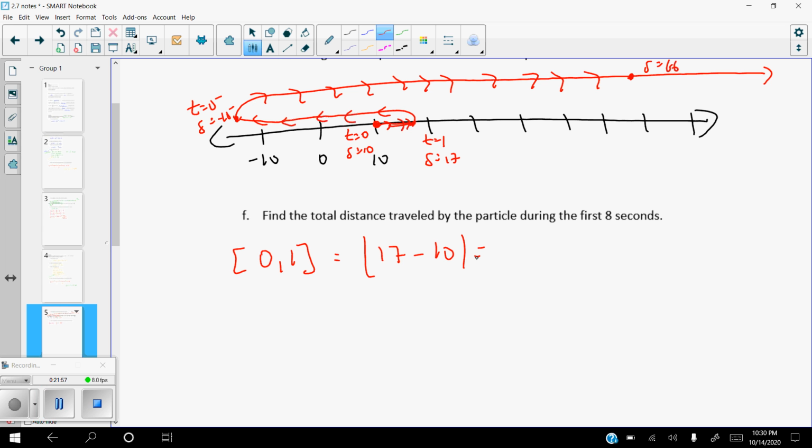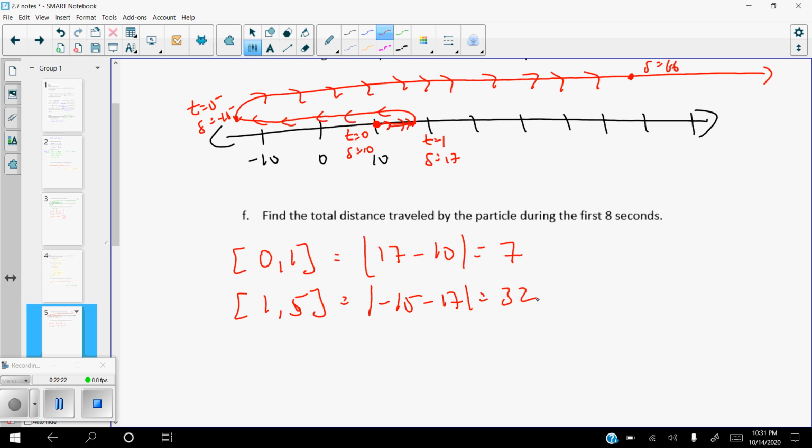Absolute value of 17 minus 10 is 7. Then it stops and turns around again at time 5. So at time 5 it was negative 15 minus time 1, which was 17. So negative 15 minus 17 is negative 32, but the absolute value of that is positive 32.